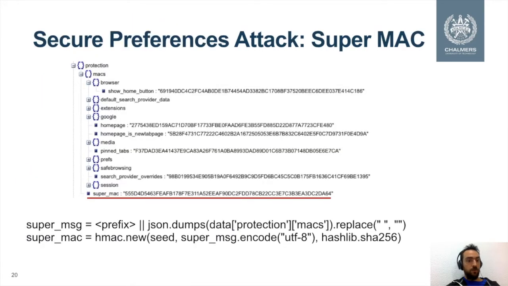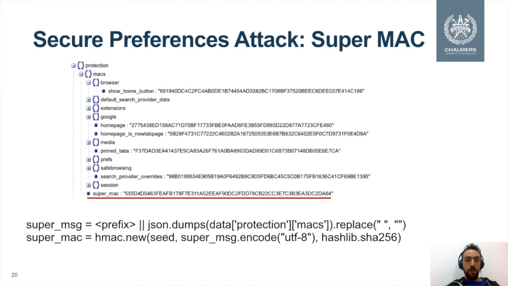But this is not all. Chromium also introduced one more security check to somehow guarantee the integrity of the file. They call this SuperMAC, and it has the same structure as before, but in this case the message is composed of the whole MACs entry of the secure preferences file, including the previous SuperMAC that we computed.